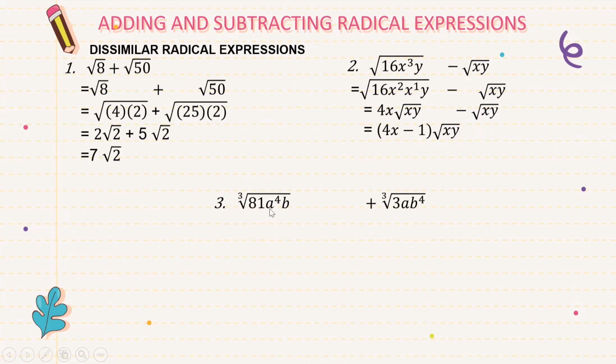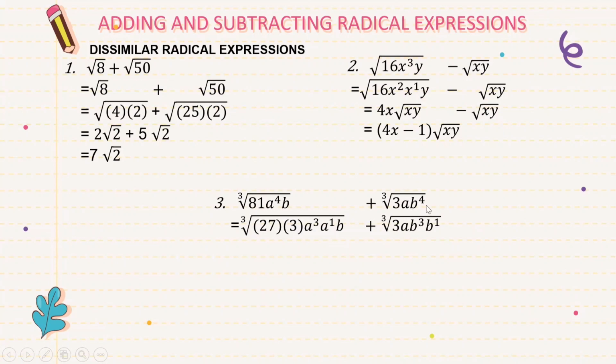Number 3, the cube root of 81 a raised to 4 b plus the cube root of 3ab raised to 4. Let's factor para makapag-simplify tayo and make the radical expressions similar. So the factor of 81 would be 27 and 3. Then the factor of a raised to 4 would be a cubed and a raised to 1. Then copy the letter b plus the cube root of 3a.